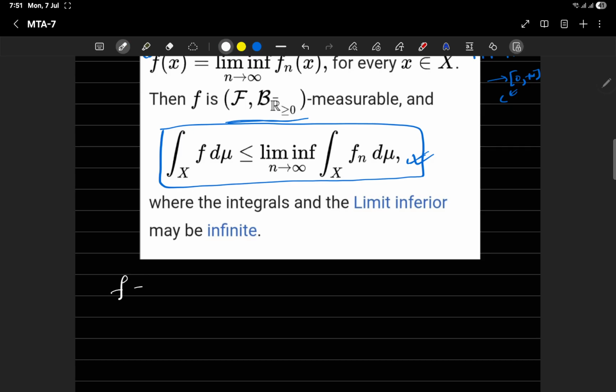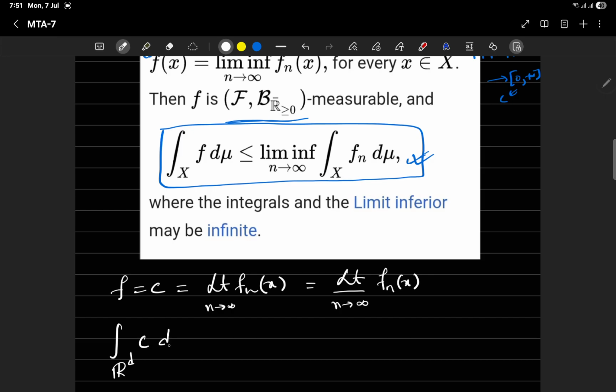What is our f? Our f is c, because c is the limit of Fn(x), right? And as it is the limit, it is the limit infimum also. So in a way we can write the integral over Rd of c d mu is less than or equal to the limit infimum of the integral over Rd of mod Fn d mu.